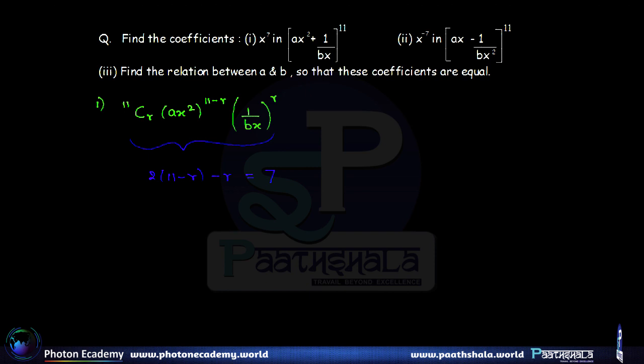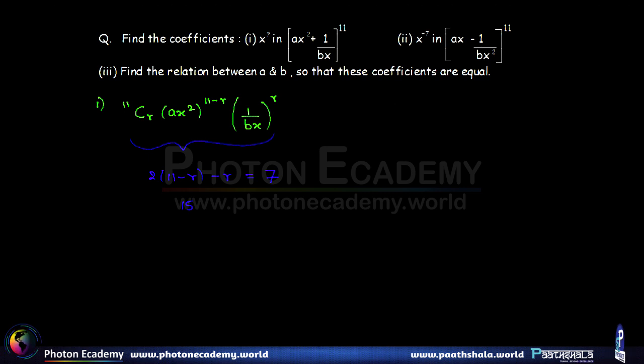So this will become 22 minus 7 is 15, and this will be equal to 2 plus 1, 3r. So r is equal to 5.